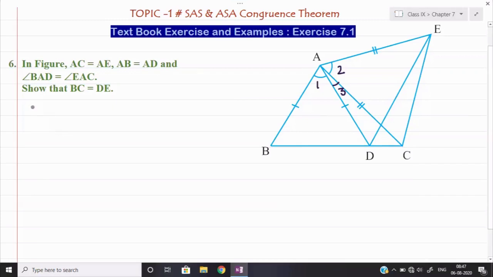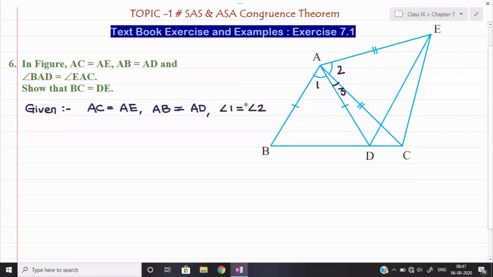First we shall write down the given in this question. So in the given, what we have, first of all, two sides are given equal, that I will mention: AC is equal to AE, one thing. Second thing we have given here, AB is equal to AD, and third thing, angle 1 is equal to angle 2.